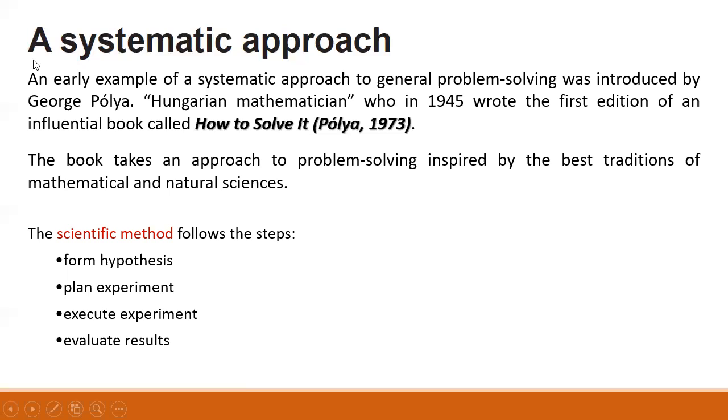Anyway, so what do we do? We form a hypothesis, we plan an experiment, we execute the experiment, and we evaluate the results. Now, the scientific method requires that with the hypothesis, we try to prove it wrong. That's what we're trying to do. So that's why we have peer-reviewed articles, etc., is because we put our hypothesis, we put our experimental results, we publish it, and then other people will look at it and they will try and repeat it.